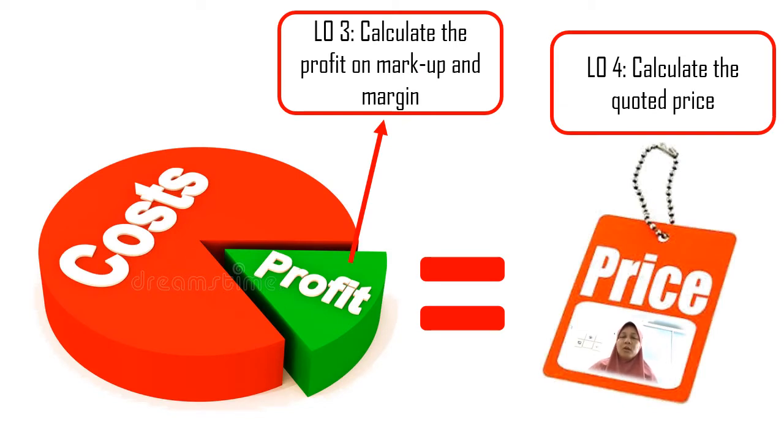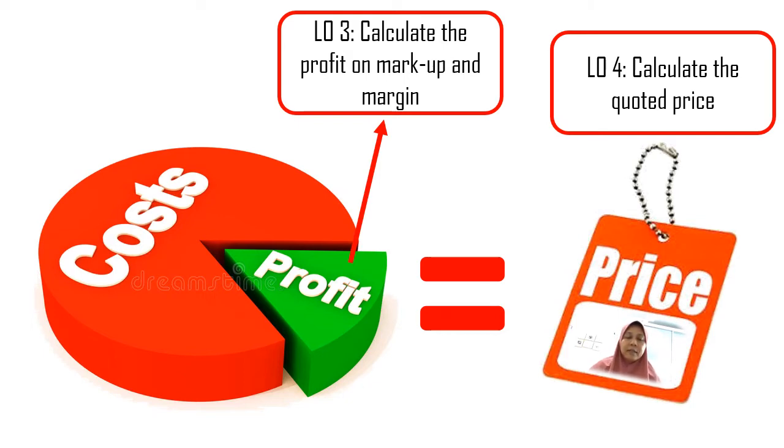Now, moving along to learning outcome 3, where students should be able to calculate the profit or markup and margin. For your information, markup and margin are other terms used to describe profit. In the next slide, I will show you how to determine the profit given a markup and a margin.